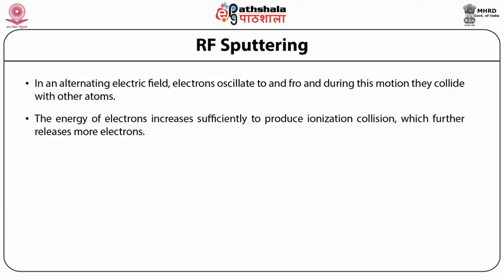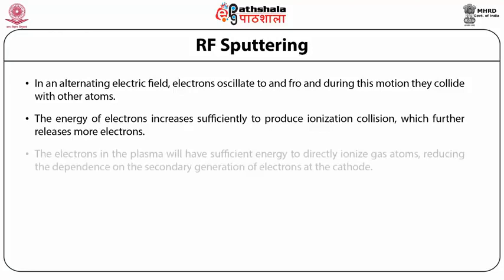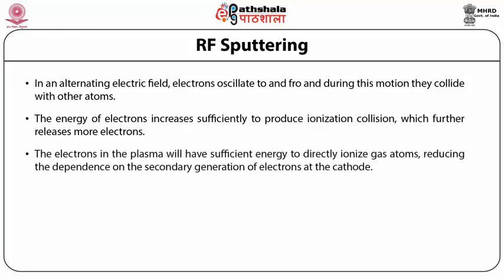So the high voltages that are essential in DC sputtering for the generation of secondary electrons to sustain the discharge are not required in RF sputtering. The electrons in the plasma have sufficient energy to directly ionize the gas atoms, reducing the dependence on the secondary generation of electrons at the cathode.